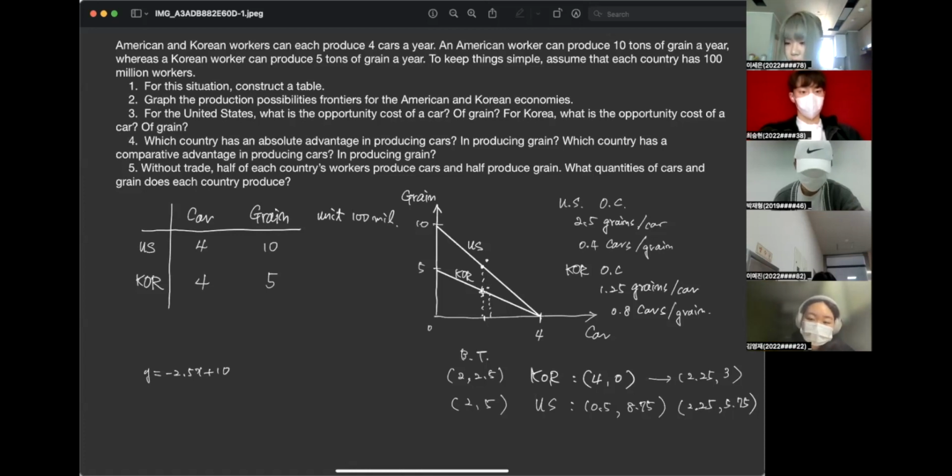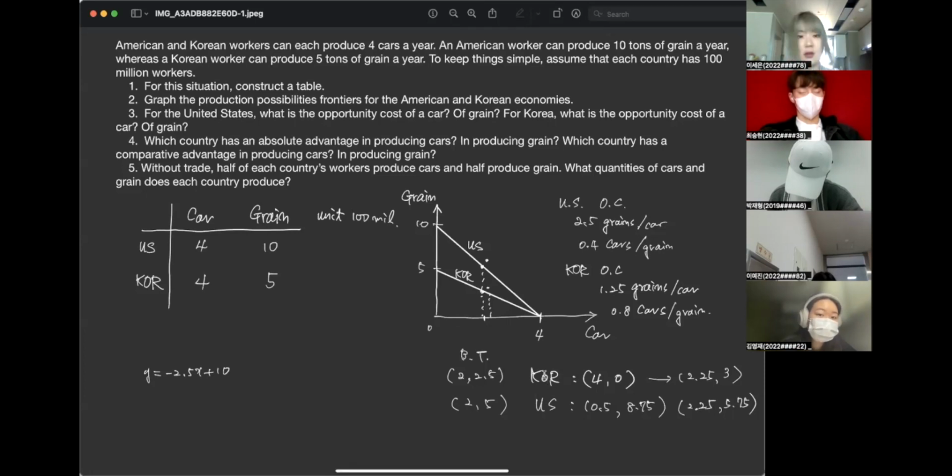We cannot produce that outside of the PPF point, but after trade, we can achieve that point. That's how we show the gains from trade. Before trade, we cannot consume that much, but now we can improve utility or happiness. So that's what we are going to show.